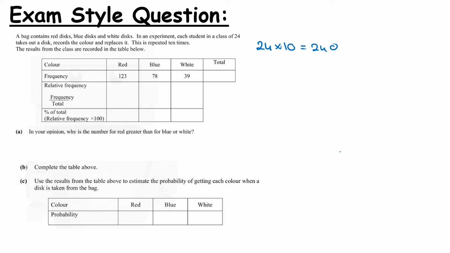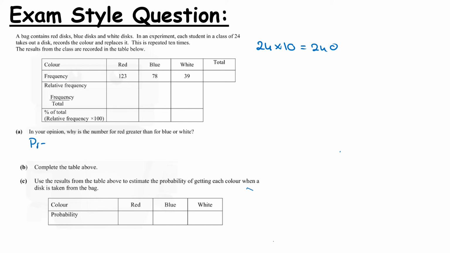So let's look at this little table. We had the frequency. So they took out 123 red, 78 blue, and 39 white. So in your opinion, why is the number of red greater than blue or white? So we'd expect that if that came out more, there's probably more red discs.